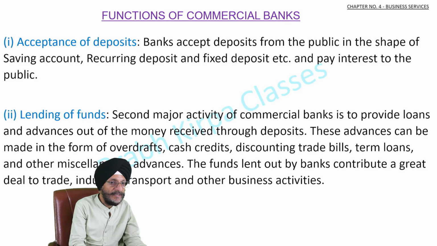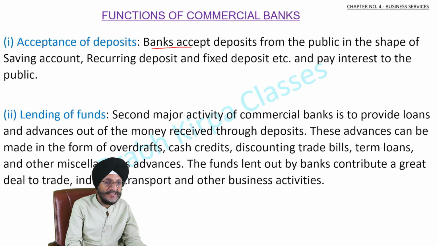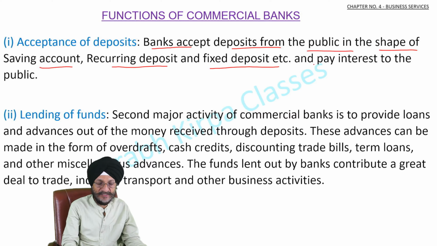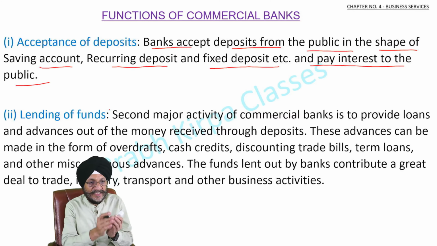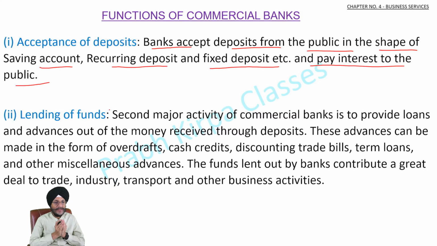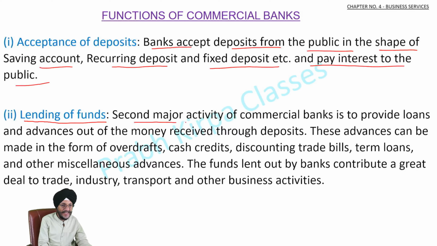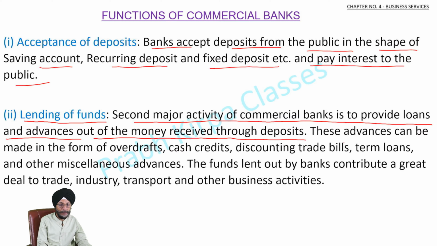First is acceptance of deposits. Banks accept deposits from the public in the shape of savings account, recurring deposit, and fixed deposit, etc., and pay interest to the public. After having received these deposits, the banks do not keep them with themselves. They lend it to other persons. So the next function is lending of funds. The second major activity of commercial banks is to provide loans and advances out of the money received through deposits.